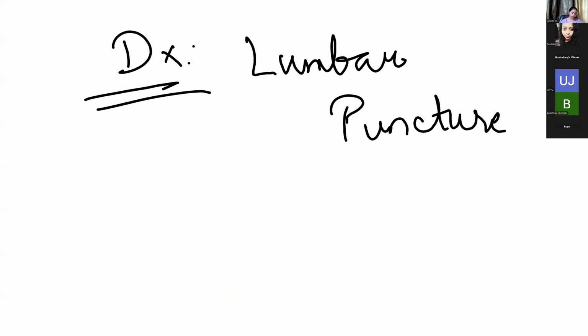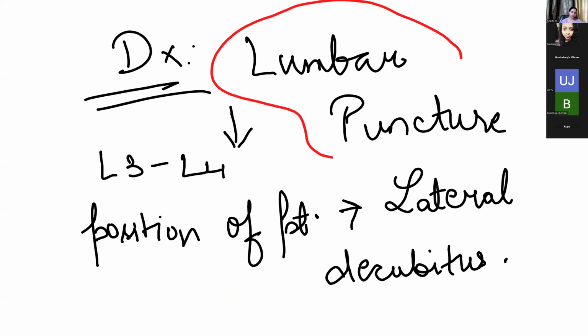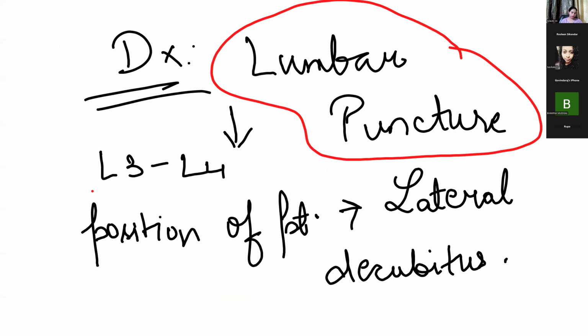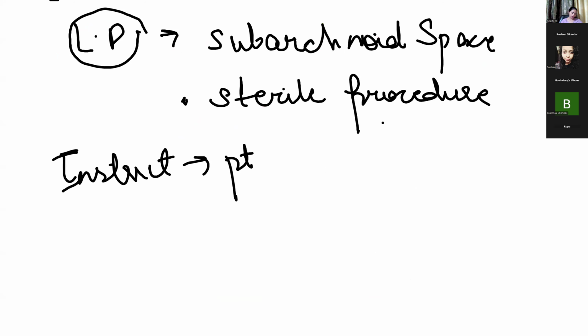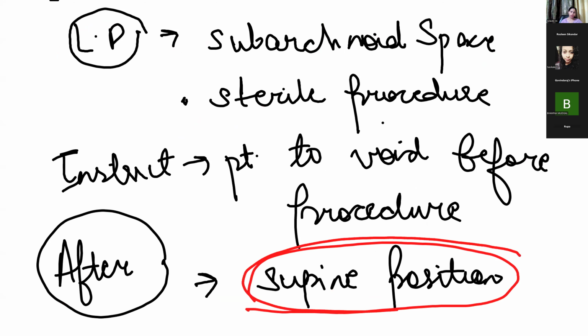Then what was the next thing? Diagnosis. Lumbar puncture. L3, L4. Position during the procedure: lateral decubitus position of the patient. After the procedure, what was the position? Supine position.